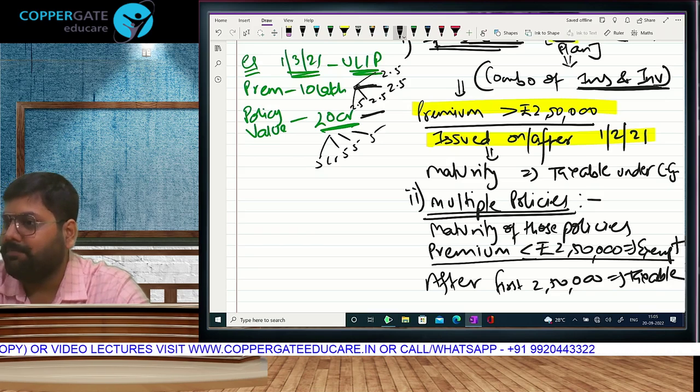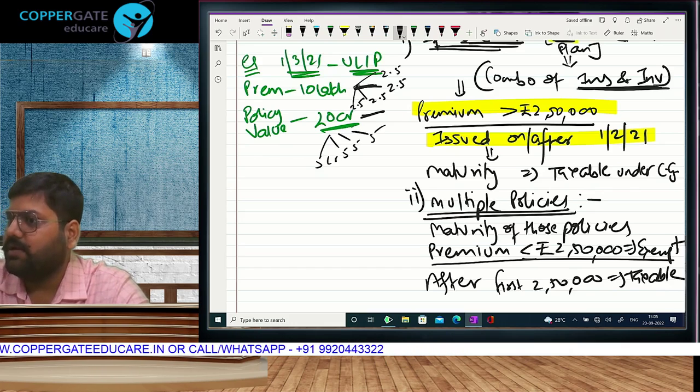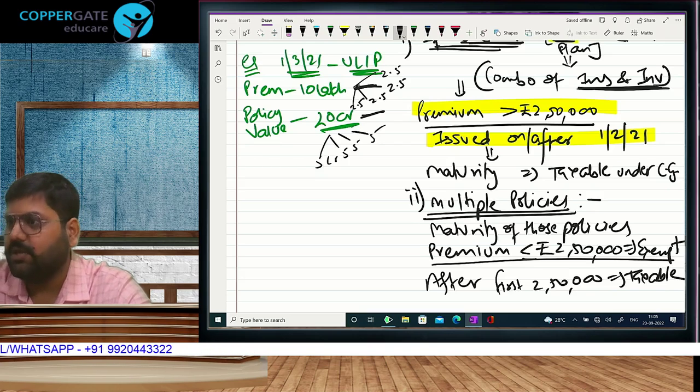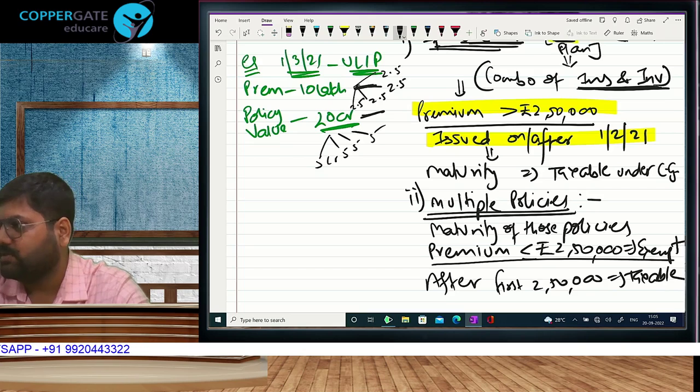And the age of the family member will also decide. You will get a 5 crore policy at 2.5. Someone else in the family will get only a 1 crore policy at 2.5, or for 5 crore they need 5 lakh, 10 lakh premium. It depends on the age of the policy holder, the person buying the policy.